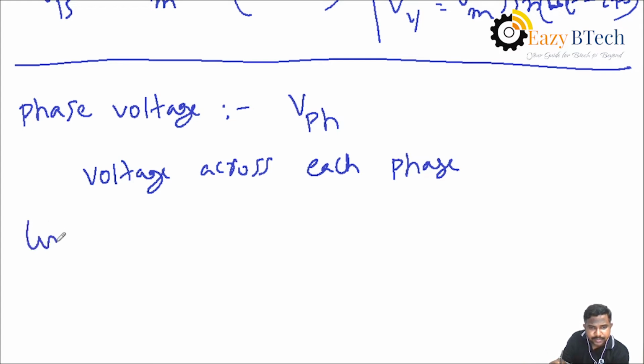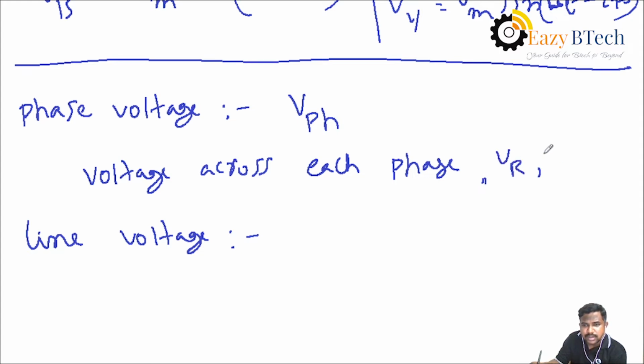Then similarly, line voltage. From the above phasor diagram or the waveform, the phase voltages are VR, VY, VB, that is, the voltage across R phase, voltage across Y phase, voltage across B phase. That is called the phase voltage.